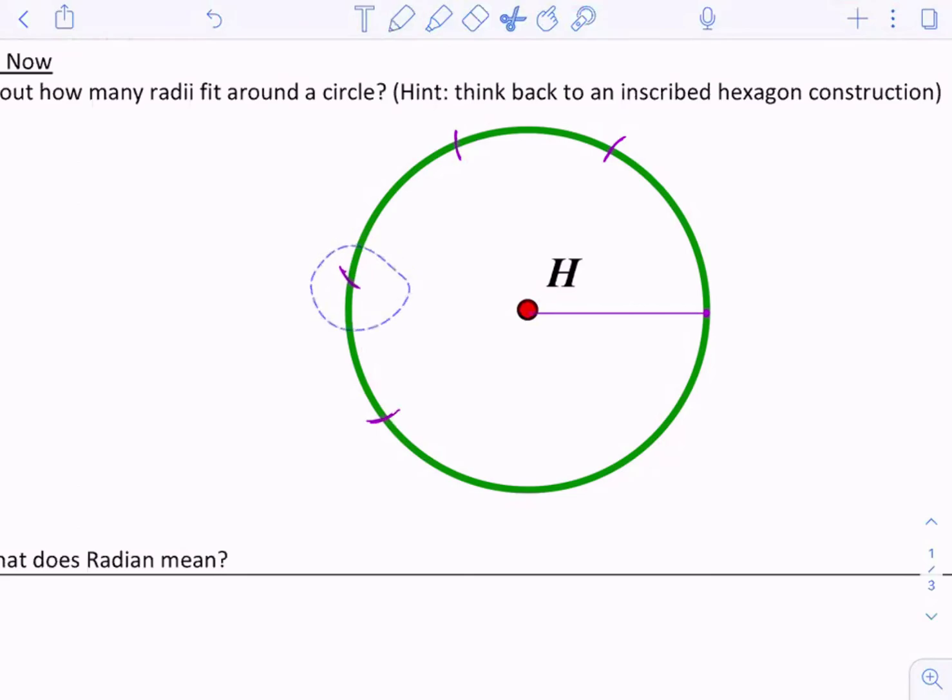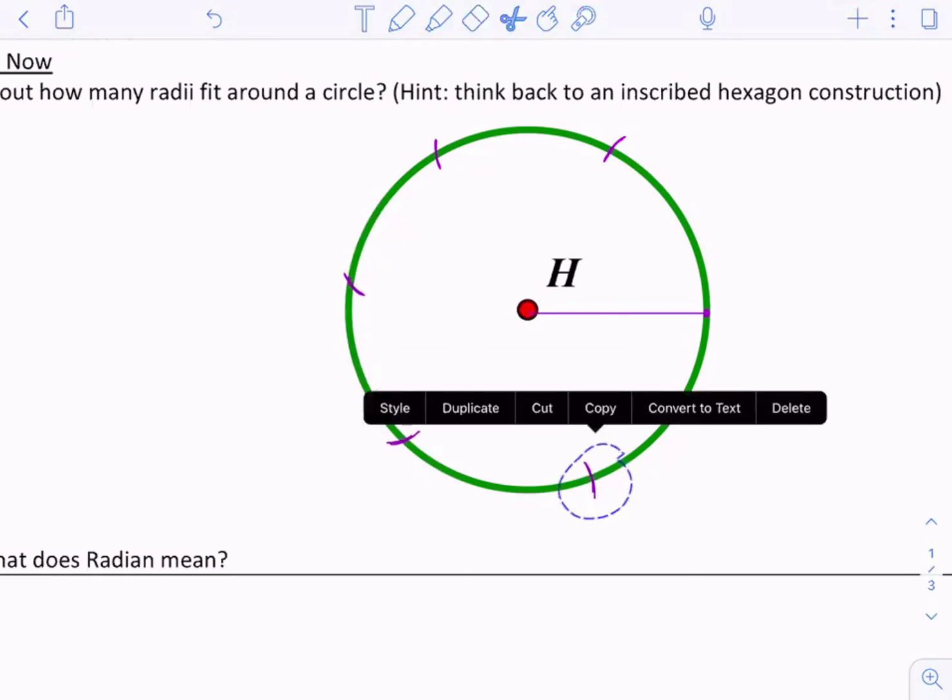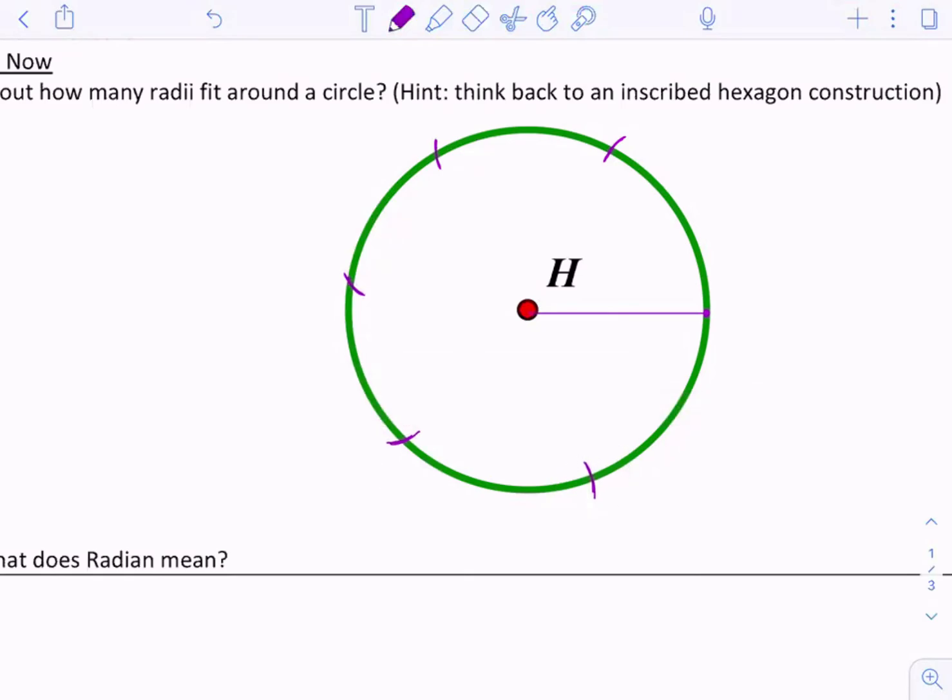I think this needs to be moved a little bit. 5, and somewhere here. So it's a little off, but that's because I'm kind of freehanding it here. But basically what I want you to notice is that this is the construction of the hexagon. Now some of you in class, if you remember, you would try and do the last one and you would end up getting a little short from fitting the circle.